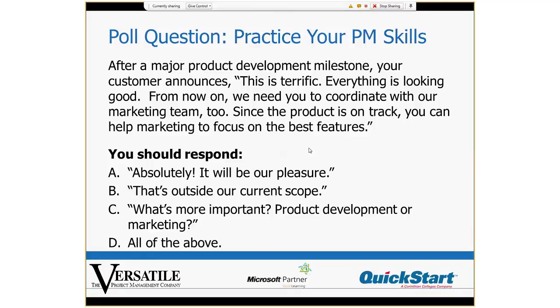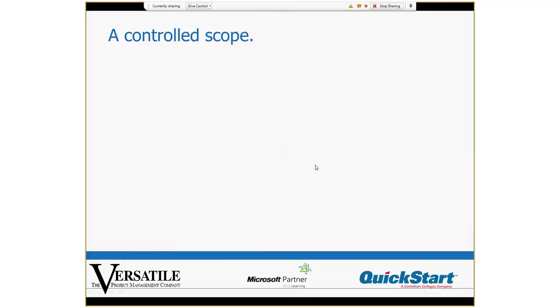What's more important, to work on product development or marketing? That's the conversation you want to have with them. And then you are keeping aware of your scope. So this all goes to our fourth project success factor, which is controlled scope.